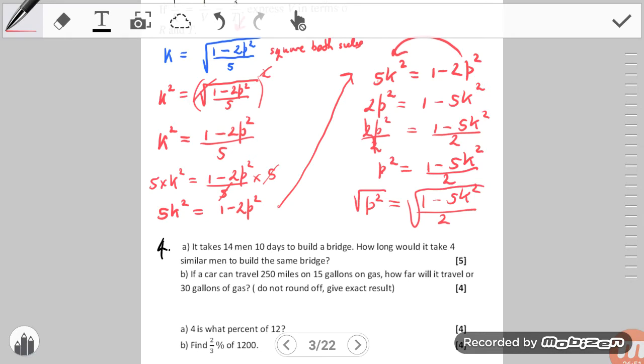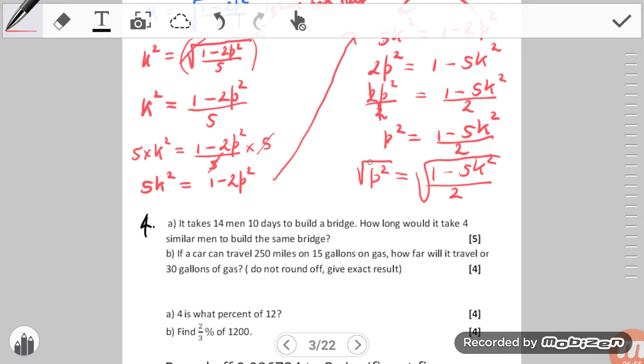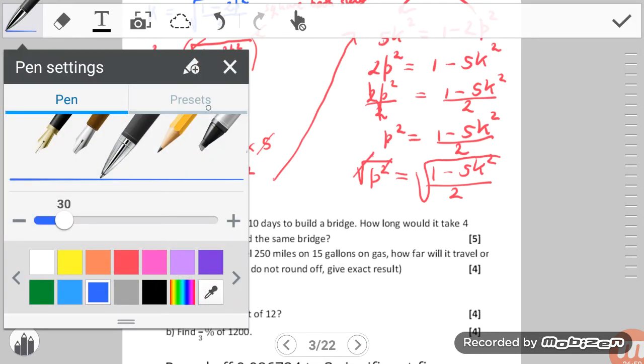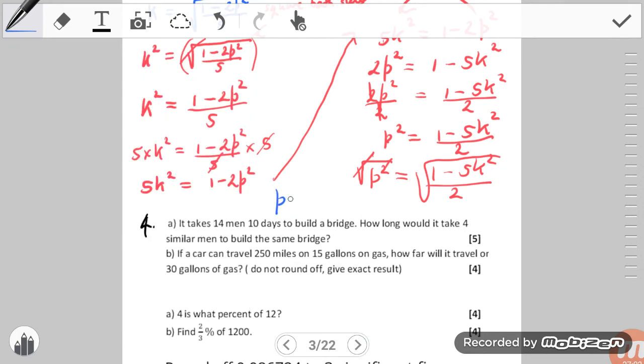Okay, and so finally the answer that we're now going to have after we cancel here is that p is equal to the square root of 1 minus 5k squared over 2, and that's our final answer.